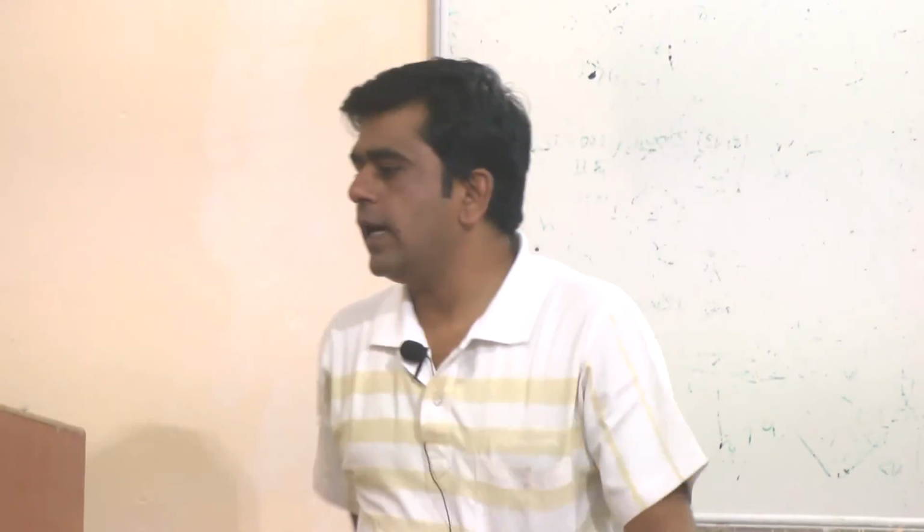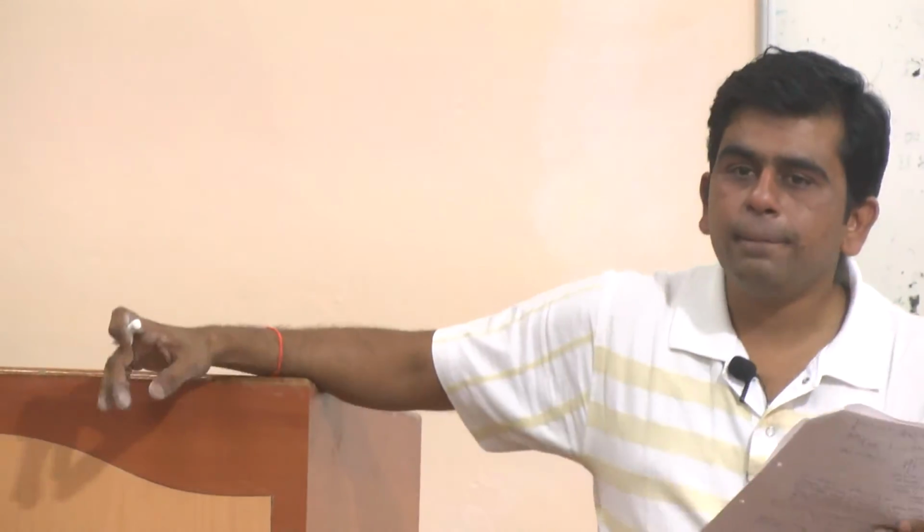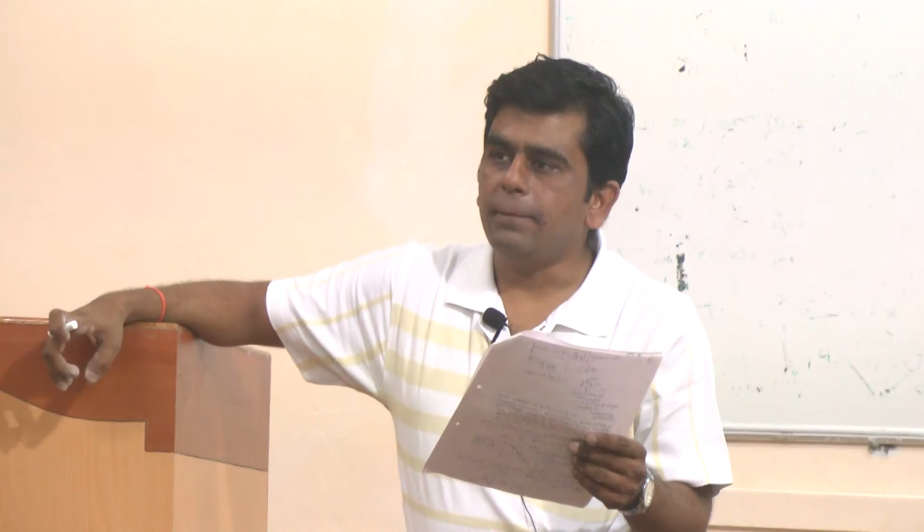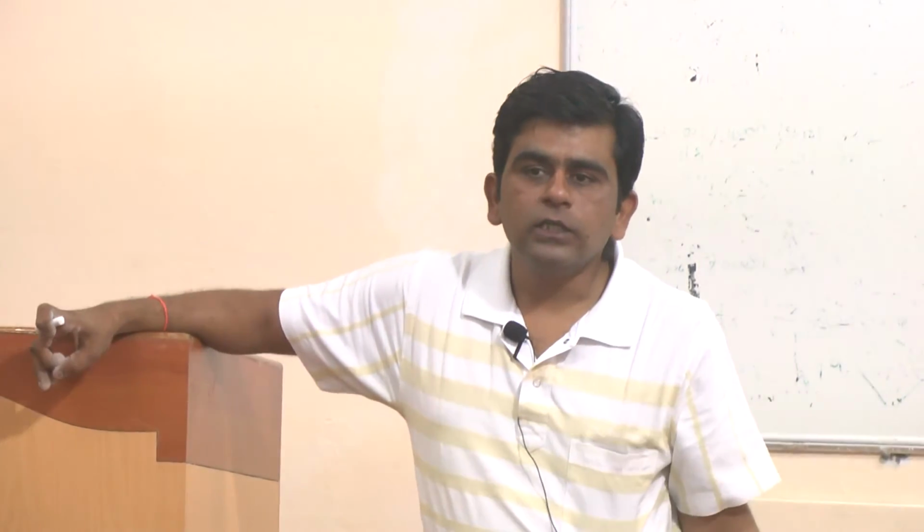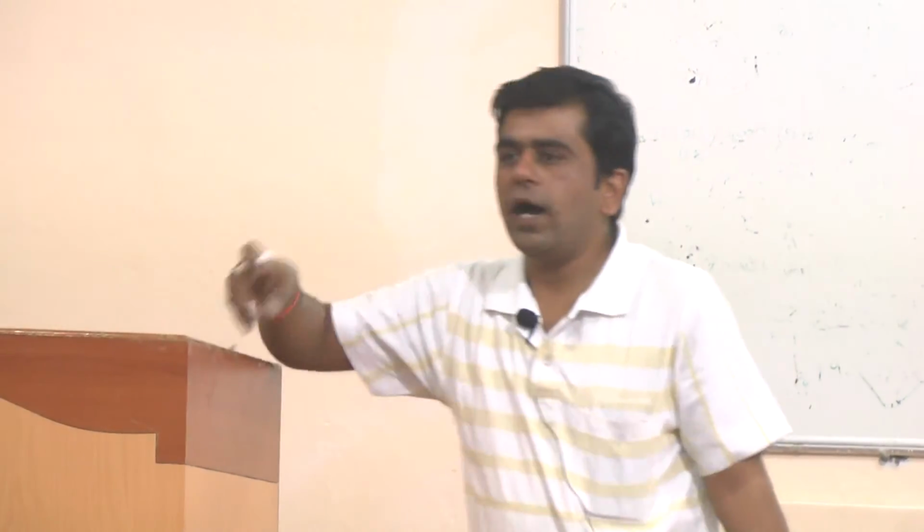So here we can see that to construct g of t from g of t bar, we should be able to recover capital G of omega from capital G of omega bar.